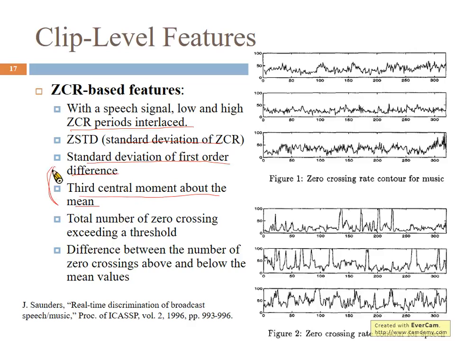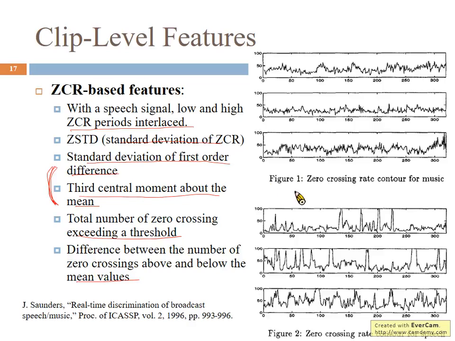These are based on statistics. The total number of zero crossings exceeding a threshold is more like trying to remove the effect of silence. And the difference between the numbers of zero crossings above and below the mean value.